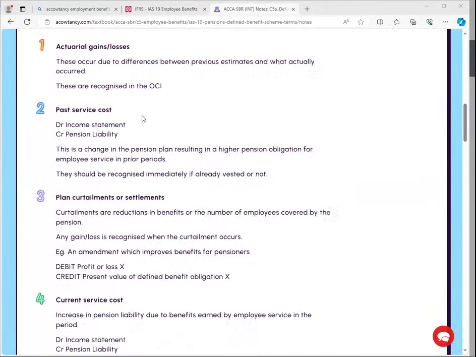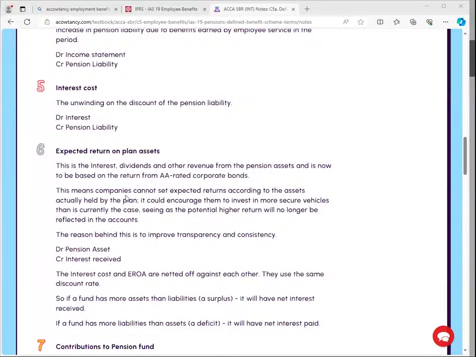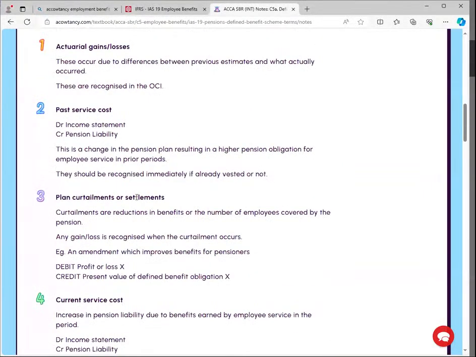Current service cost. Let me skip this. Current service cost. When these guys are serving us, of course, ladies and gentlemen, we expect an increase in pension liability due to the benefits earned by employee service in the period. These guys are serving us today.